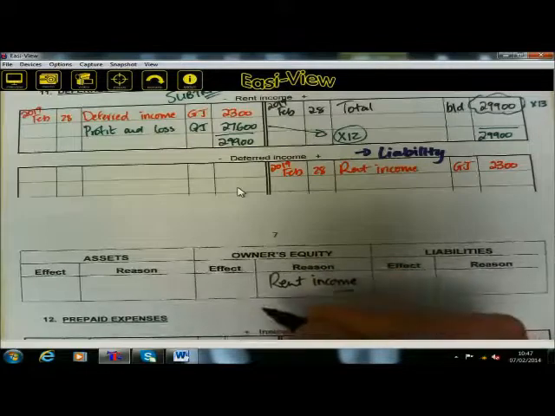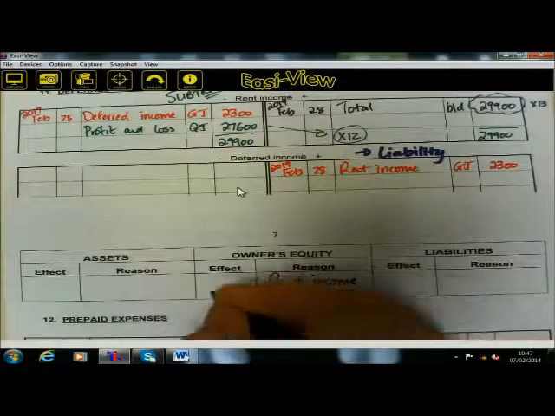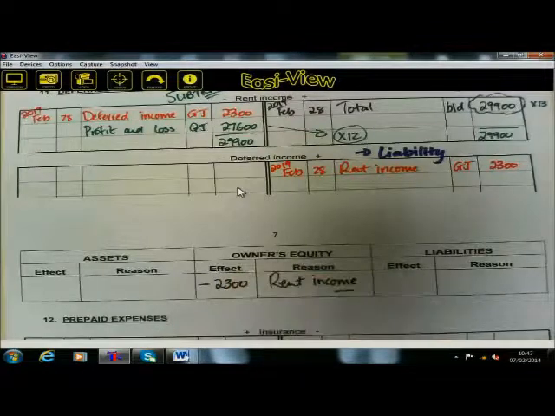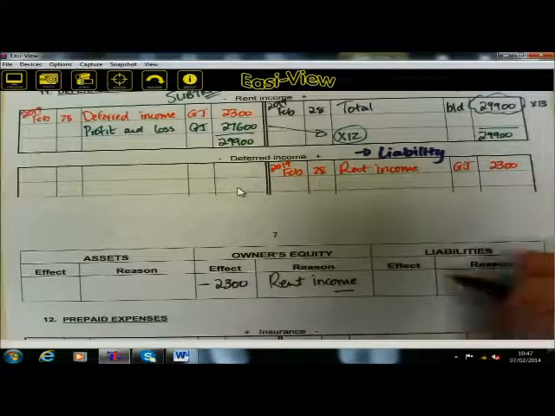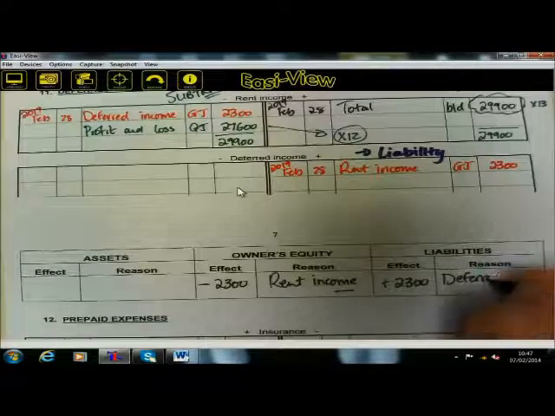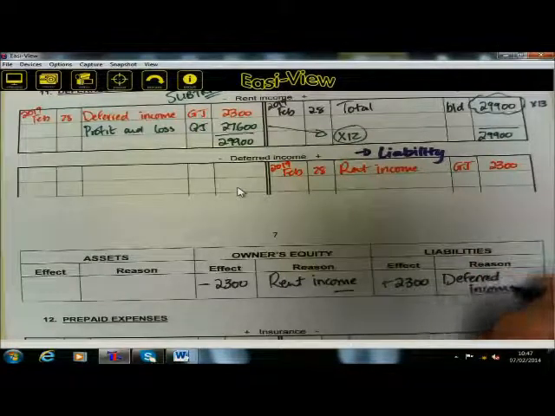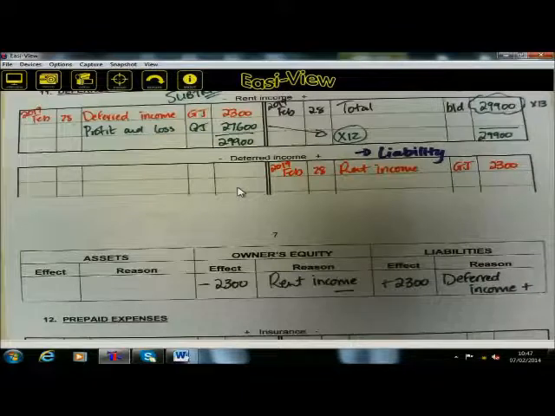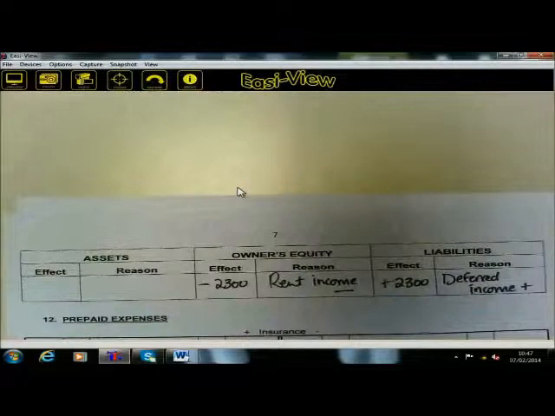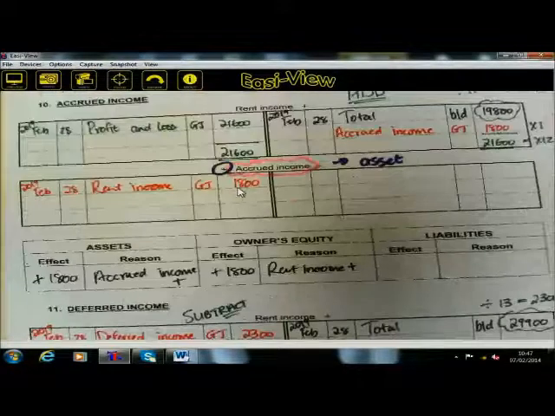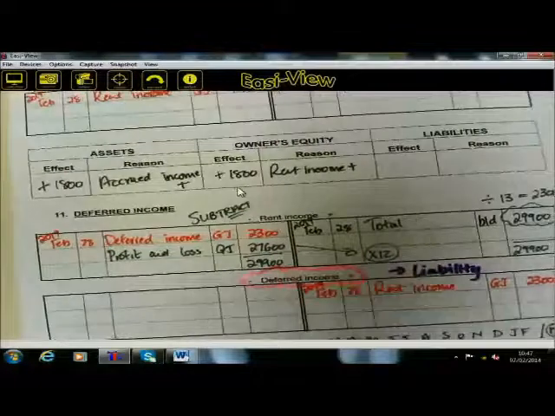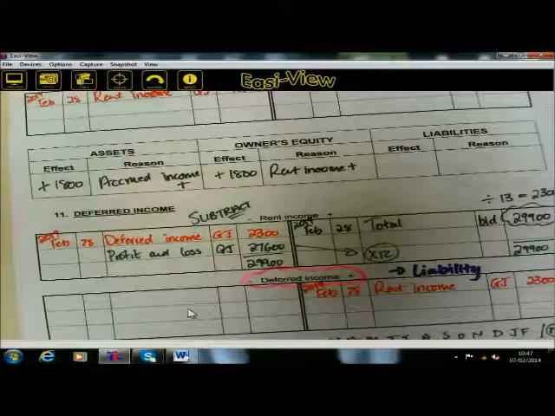So if your income becomes less, then your owner's equity becomes less. Your deferred income is a liability, and we've got more deferred income, so we've got more liabilities. And this is also one of our temporary accounts that we must do a reversal entry on the first day of the next year.